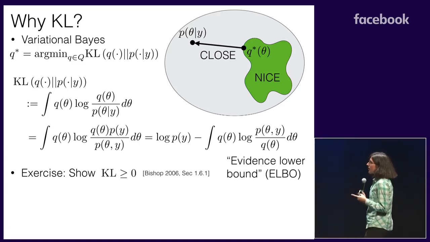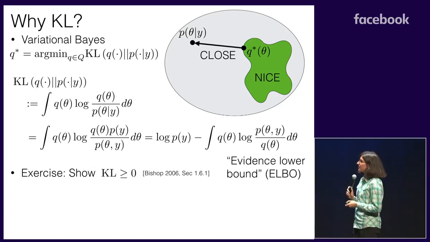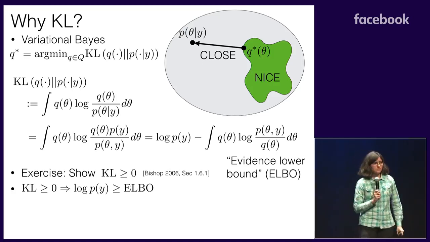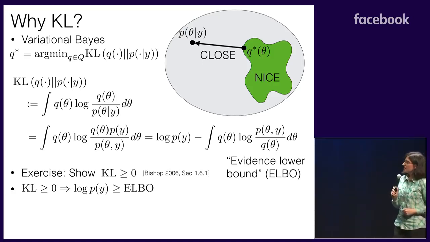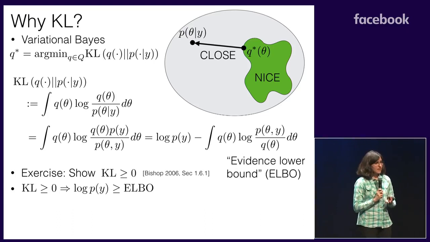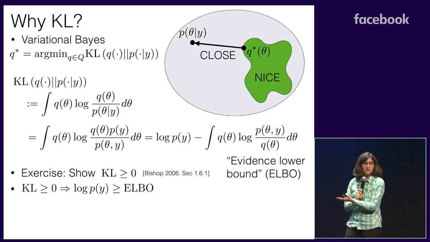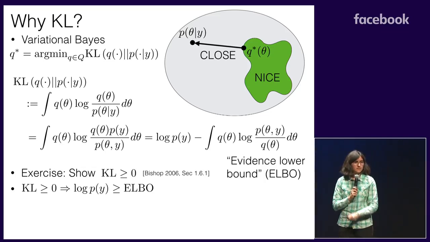Now, once we know that the KL is non-negative, we can use the relationship that we just described to show, very simply, so this should just be immediate, that the log of the evidence is greater than or equal to the ELBO. So this is just a way to explain where that ELBO name came from. Well, this is clearly a lower bound for the log of the evidence.